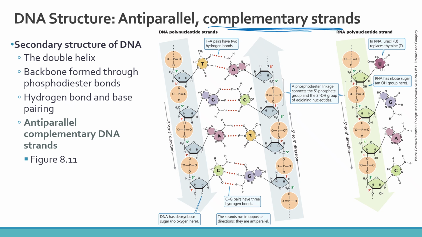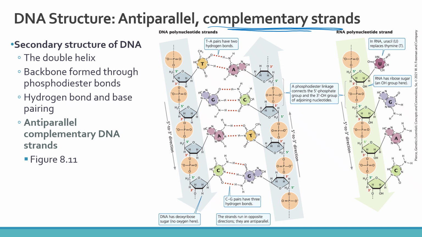And then in order for everything to fit together and for our molecule to be able to code information on both sides, we actually have two strands that run anti-parallel to one another. So anti-parallel is going to be really important when we talk about DNA replication because it's going to affect how the strands are replicated. And then complementary base pairing is going to be important for replication and transcription. It's also going to be important for holding our molecule together.